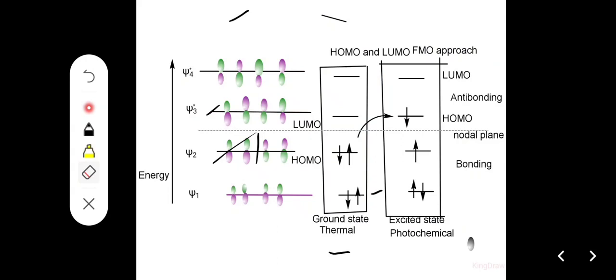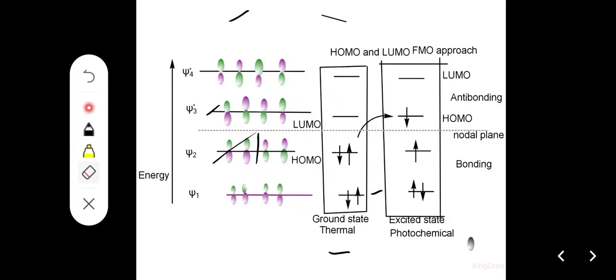Both hydrogens give an atomic orbital and an electron, and from two atomic orbitals, two molecular orbitals are produced. There is a rule: the number of atomic orbitals involved equals the number of molecular orbitals produced. Experimentally, one molecular orbital decreases in energy and is more stabilized, termed the bonding molecular orbital.